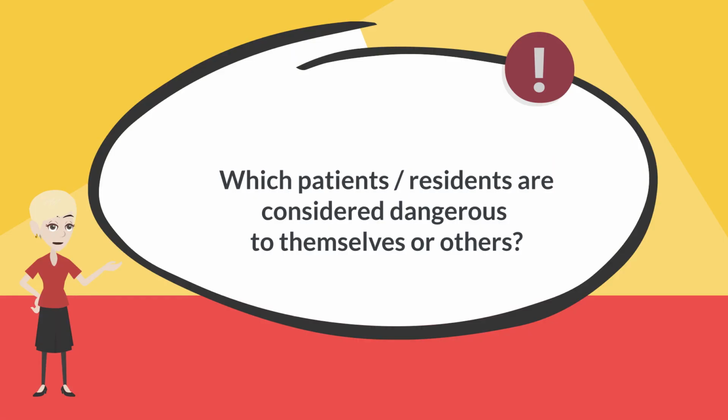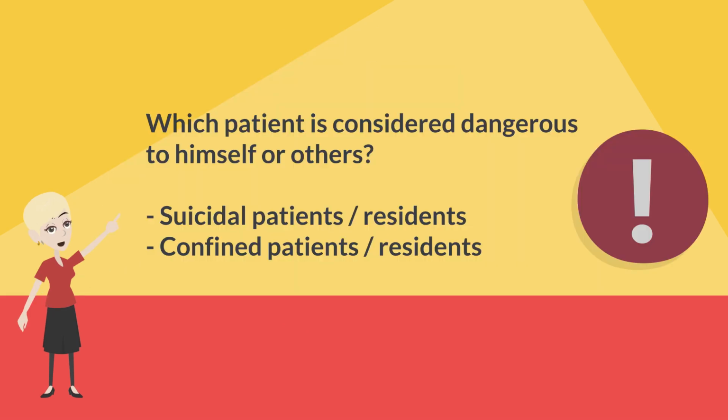Who are the patients who are considered dangerous to themselves or others? Patients that fall into this category are those who are suicidal or those under confinement, and this includes as well those under the Tribunal Administratif du Québec.